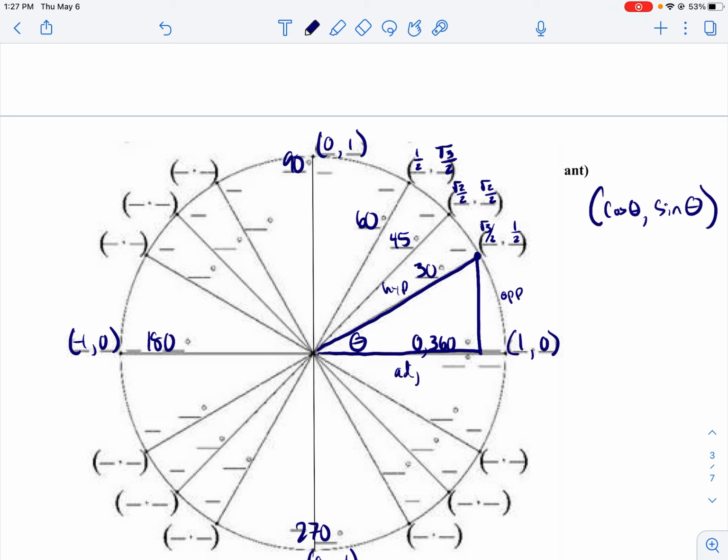And then the cosine, the adjacent over hypotenuse, is square root 3 over 2. Right, the sine was 1/2, the cosine was square root 3 over 2. Okay?